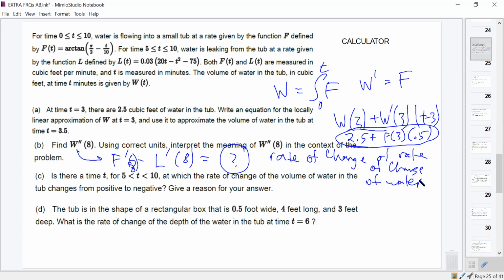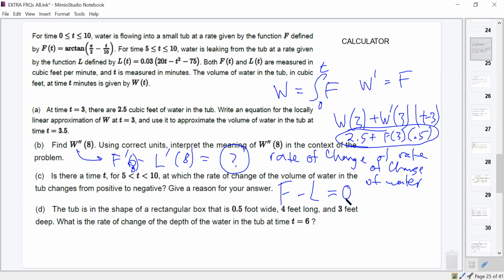All right, part C says, we want to know if there's a time when the rate of change of the volume is changing from positive to negative. So the rate of change of the volume from 5 to 10 is just F minus L. So we just want to look for F minus L. When does that equal 0?